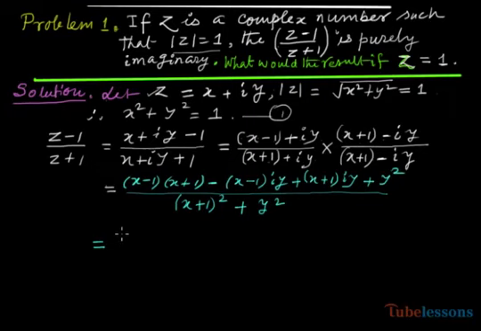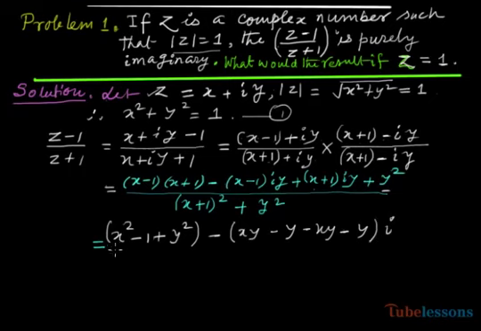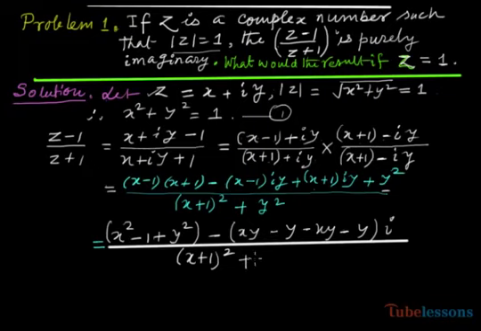Now this is x square minus 1, and we brought y square here, plus y square, minus xy minus y minus xy, whole into i, over x plus 1 whole square plus y square.